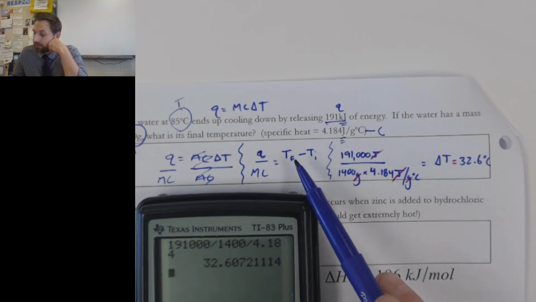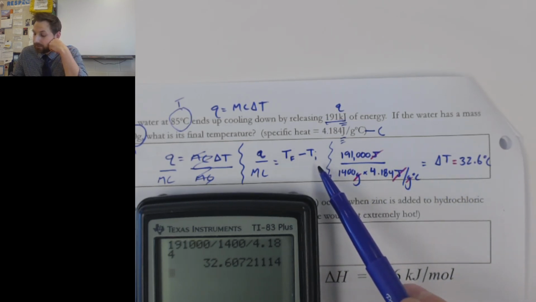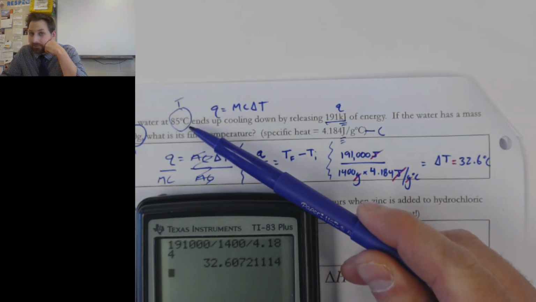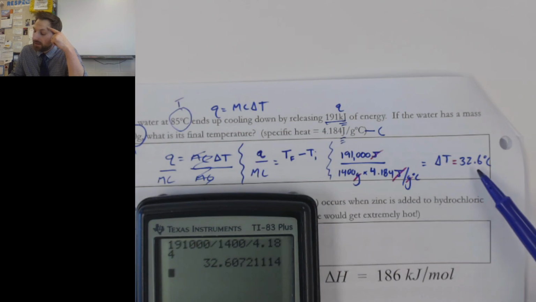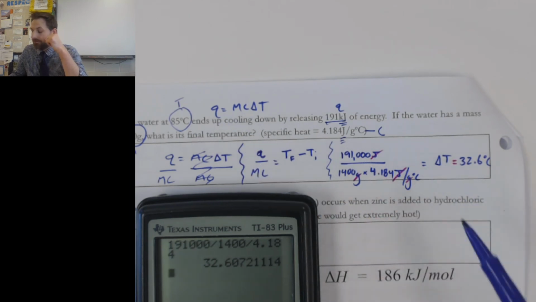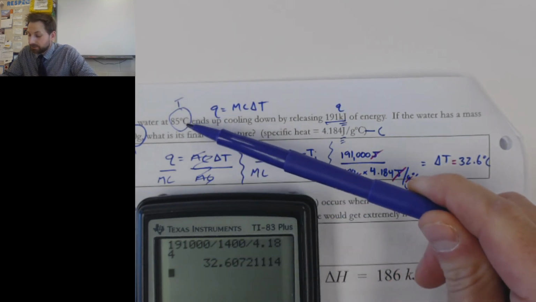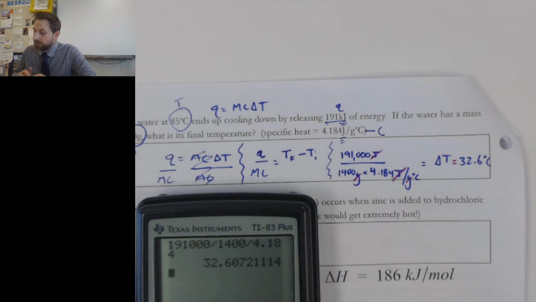So how does that relate to TF minus TI? Well, if I start at 85 degrees Celsius and it changes in temperature 32.6 degrees Celsius, how could I use that information to find out what my final temperature was? So I guess the question is, is this temperature my initial or my final?